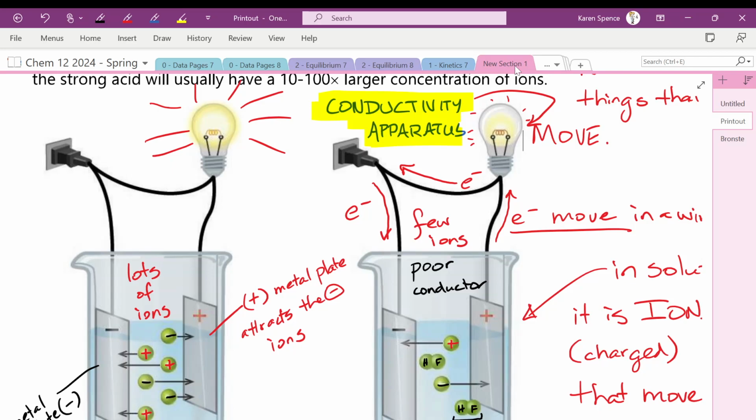What kind of an acid is it? Hydrochloric is strong. Acetic acid is weak. 1 molar, 1 molar. So the concentration is the same, but the HCl is strong and the acetic acid is weak. So predict to your partner what you think is going to happen when we put the HCl here. Make a prediction.